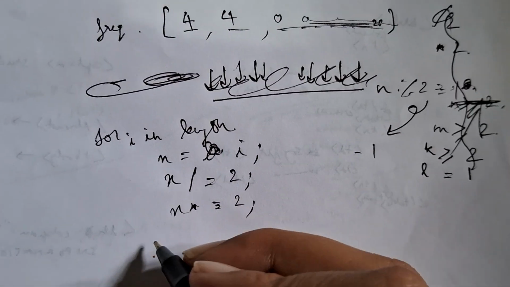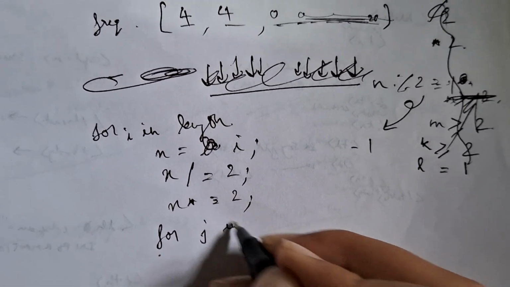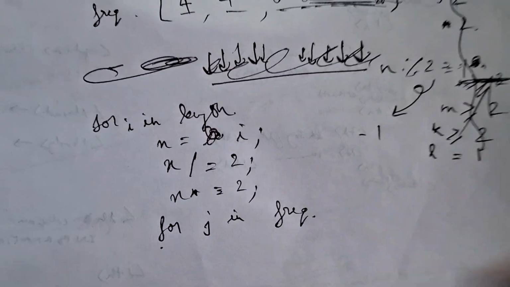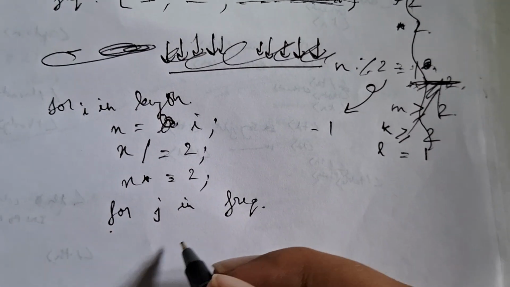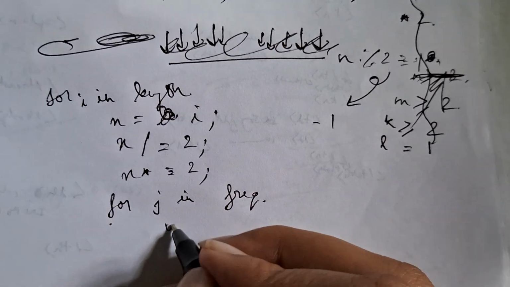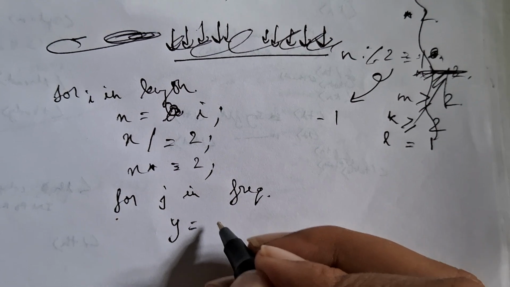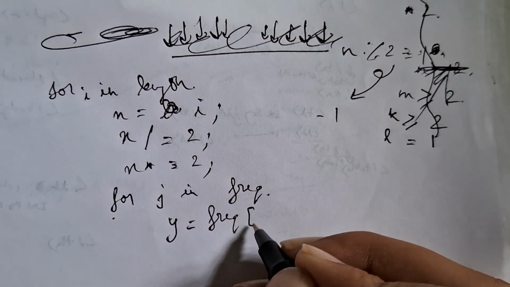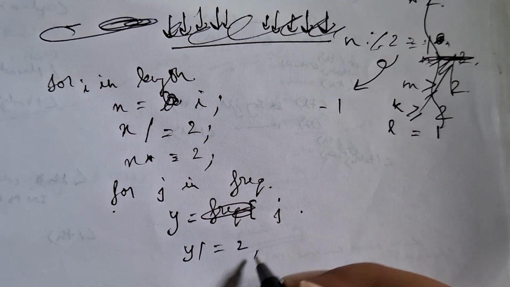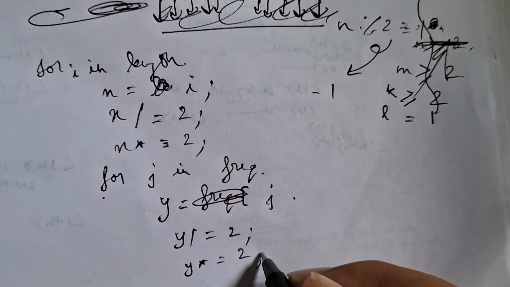And then for j in the frequency array, we are going to do the same thing. Let's say x is the length of this string and y is the frequency of j. Then the same thing, y divided by 2, y multiplied by 2.